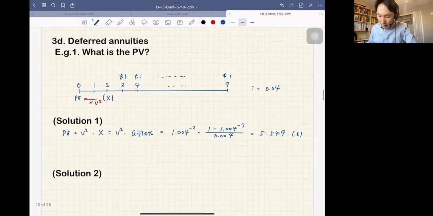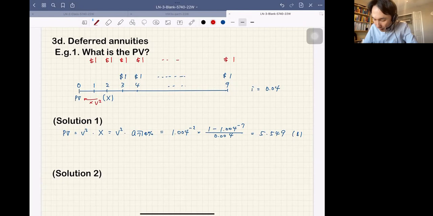And another way is a little bit more creative, and we think about the cash flow of $1, 9 times. Then we subtract a second cash flow of $1 for 2 years. So say this is the first cash flow, and this is the second cash flow, and 1 minus 2 is the present value.